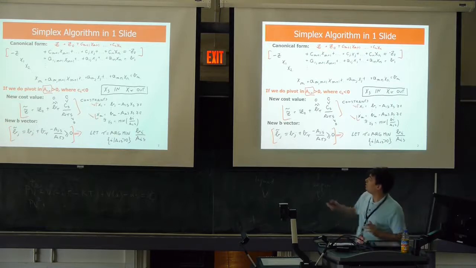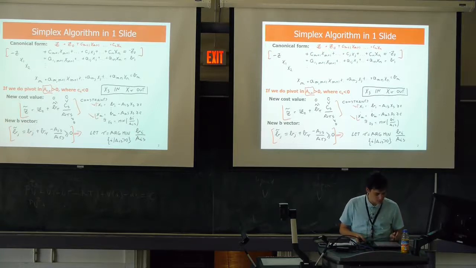We want all these variables to be non-negative, and we want to decrease the value of z as much as possible. So what will be the solution for that? The solution will be that we choose x_s to be the minimum of all these values b_i over a_{is}. Right? If x_s is larger than this quantity here, then one of these constraints wouldn't be satisfied.